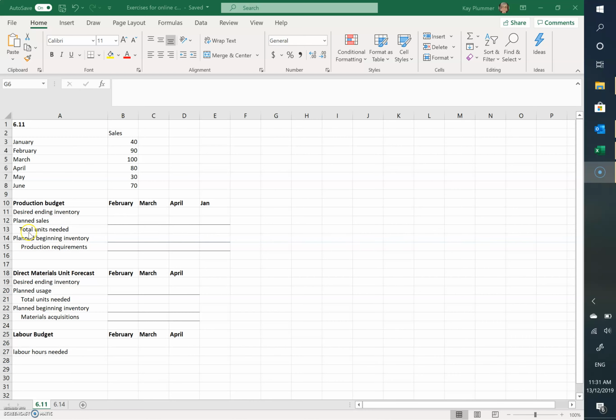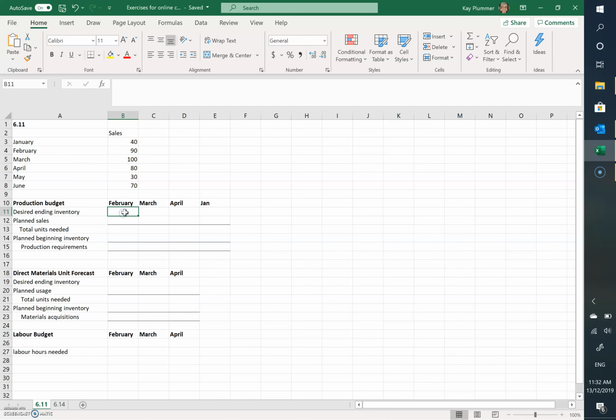So the first thing we do is find out how many units we need to produce. This is going to be based on our planned sales and what our desired ending inventory of units is. From our total units needed, we can then deduct our beginning inventory, and that gives us our production requirements.